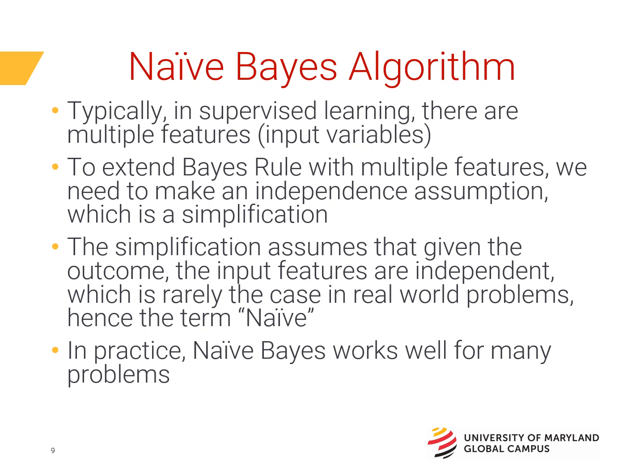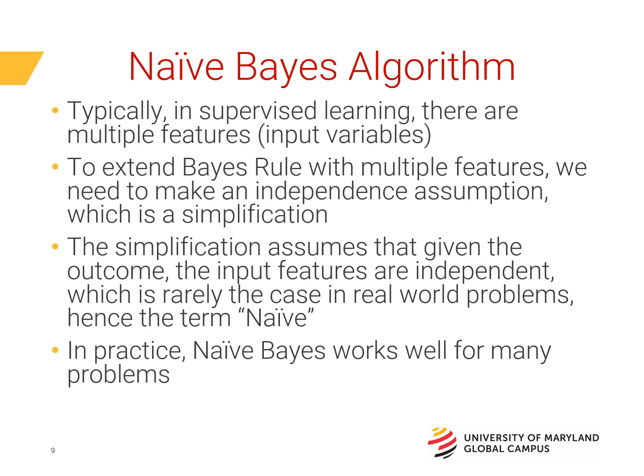Naïve Bayes is an extension of Bayes' rule that allows us to handle multiple features by making a simplifying assumption. This assumption is known as the naive assumption, hence the name Naïve Bayes. The naive assumption in Naïve Bayes states that given the outcome or label, the input features are conditionally independent of each other.